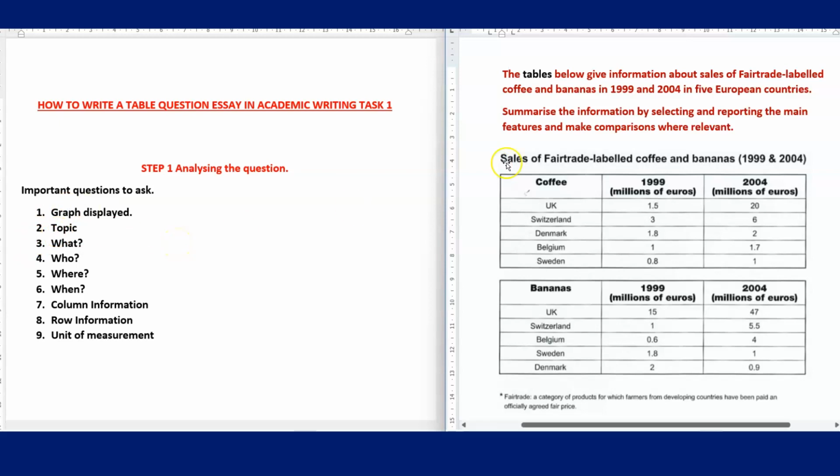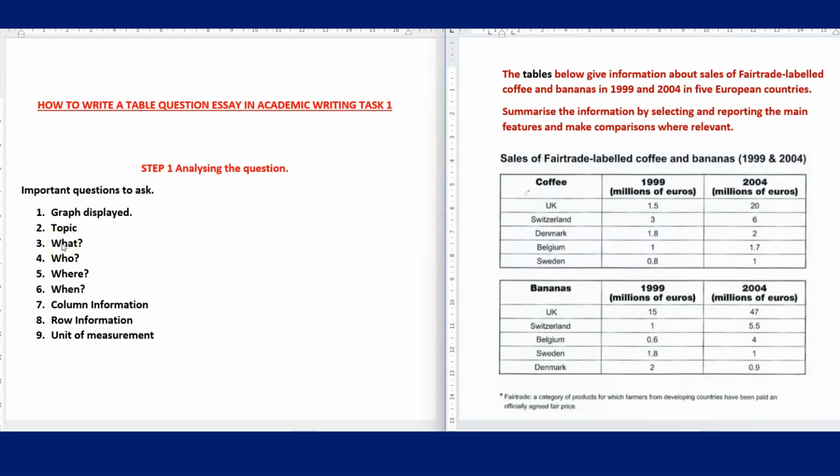We have the topic here, and it states the sales of fair trade labeled coffee and bananas in 1999 and in 2004. So that is the topic on it.